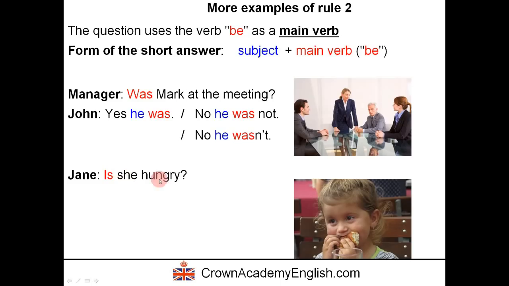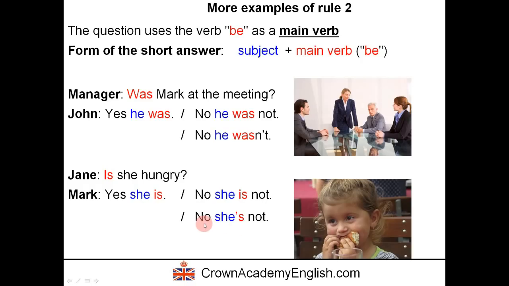Jane asks, is she hungry? So we have now come back to the present tense of the verb be as a main verb. Yes, she is. This is the full form. Or, no, she is not.